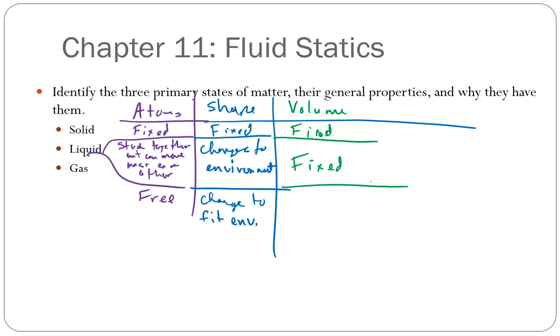The gas, on the other hand, with them free to move wherever they like, that is the container's volume. So we have those last two columns, the shape and the volume, are based on the first column. And keep in mind things like fixed shape and fixed volume, those are mostly terms.